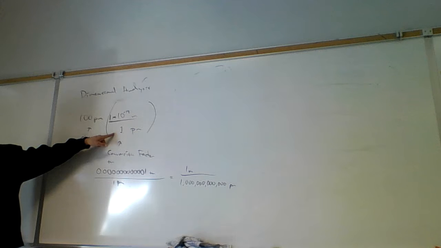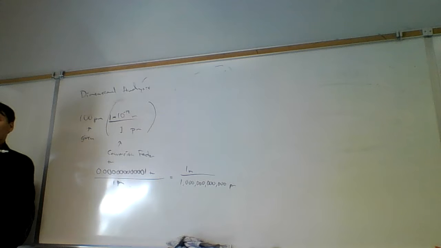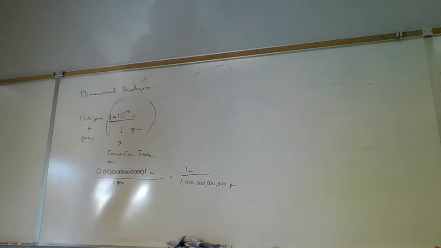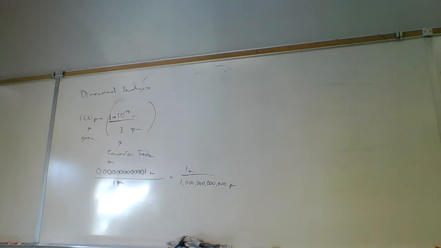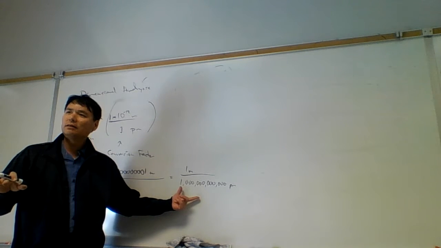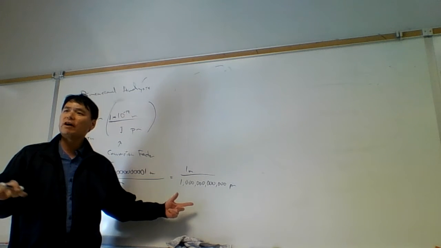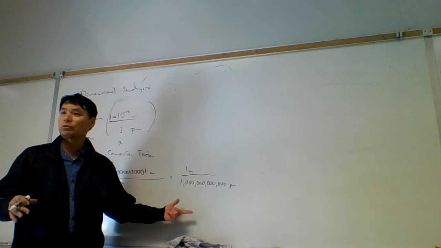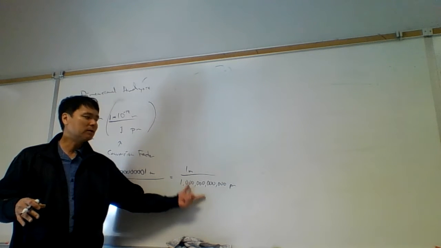This conversion factor has how many sig figs? 1? 1 sig fig? Now, 1 sig fig is not correct, actually. It's not correct because if it's 1 sig fig, then you're saying there's roughly a trillion, anywhere from 500 million to 1.4 trillion picometers in a meter.